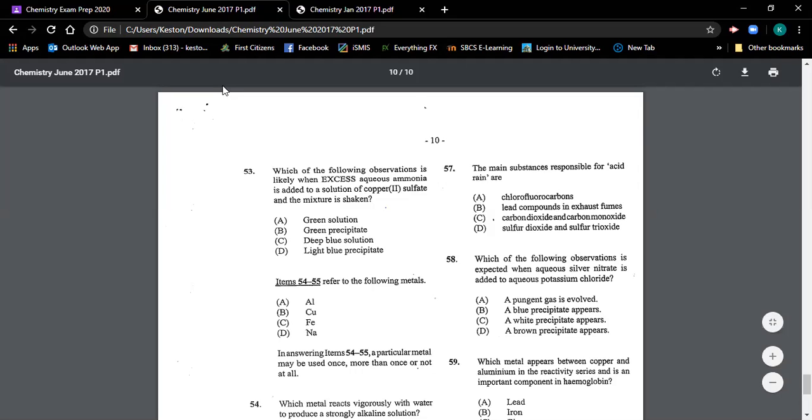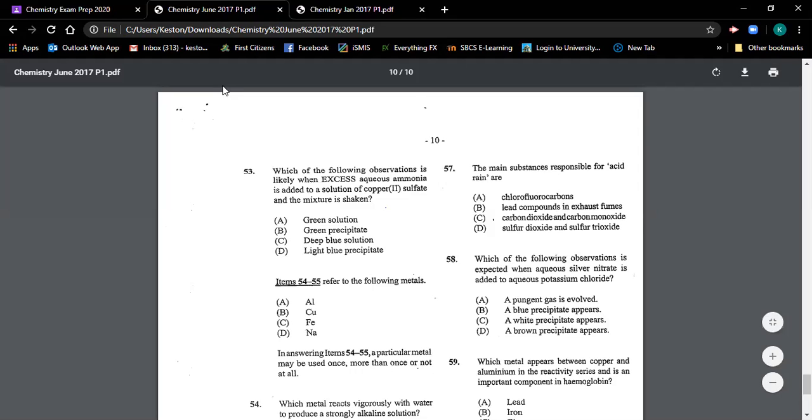What will happen? Any answers? Deep blue solution. Yes, that's correct. It's another qualitative analysis.